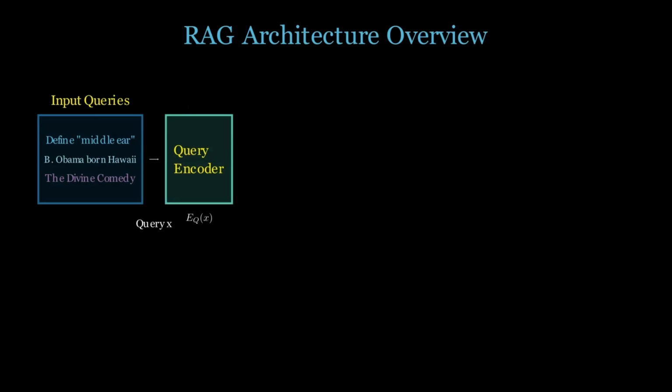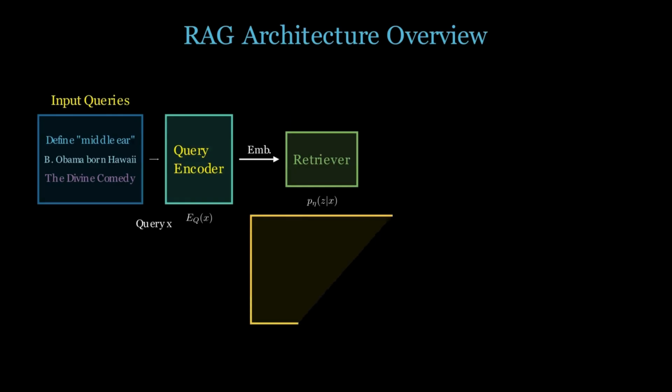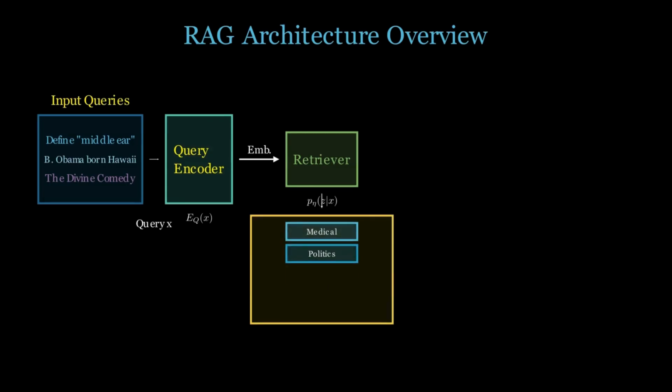This dense vector is then passed to the retriever, which plays a crucial role. The retriever uses a technique called maximum inner product search, or MIPS, to efficiently find the top k most relevant documents from a large, domain-specific knowledge base.